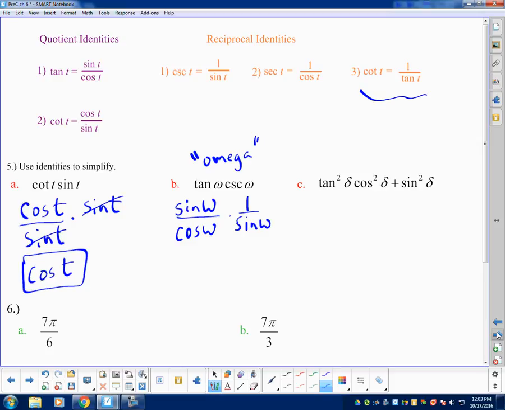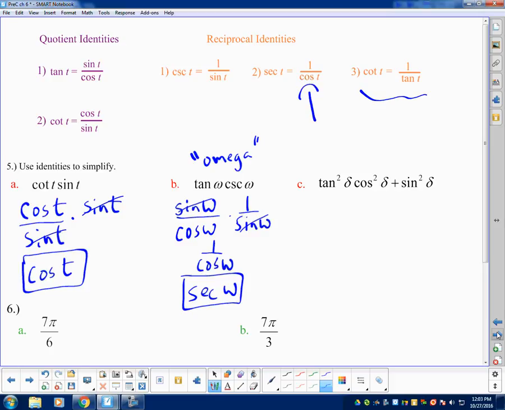And so the sine omegas cancel, and we're left with 1 over cosine of omega. And 1 over cosine of omega is equivalent to secant. So I'll box that. That product of tangent omega and cosecant of omega can be rewritten as just secant of omega. So that's simpler. There's only one trig function involved there.